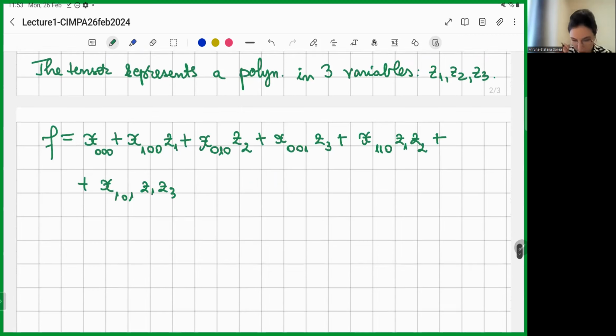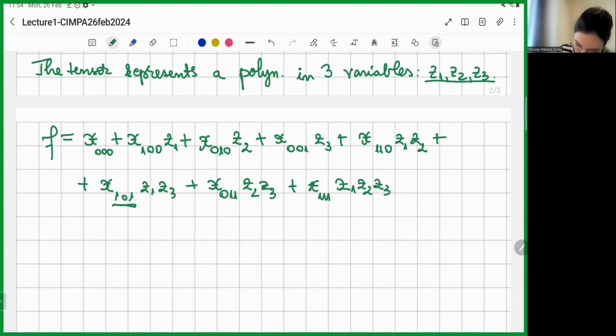Of course, the index tells us which variables from the three we consider in the monomial. Plus x011 Z2 Z3, and plus x111 Z1 Z2 Z3.